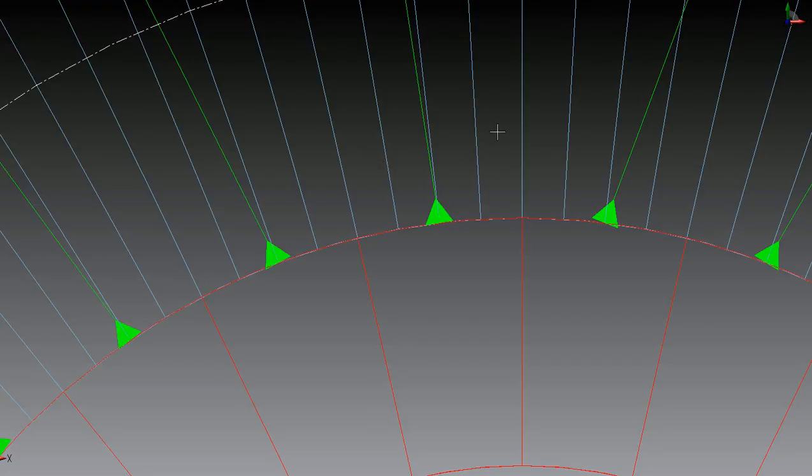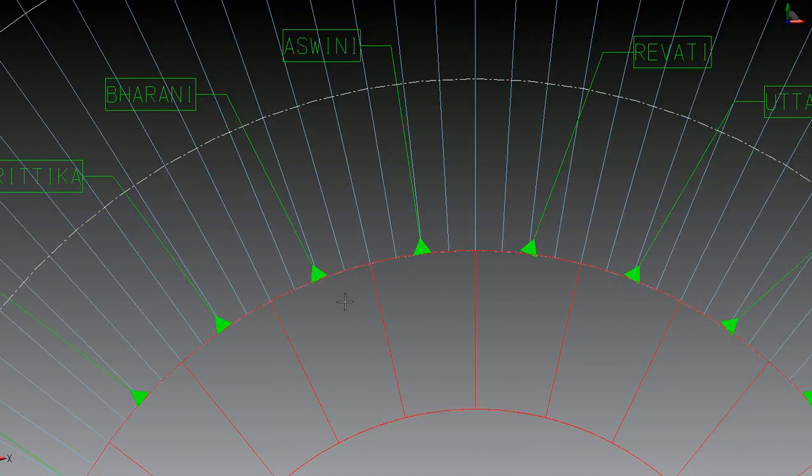This is padha 1, padha 2, padha 3, and padha 4. Again, this is another nakshatra, and the padhas are 1, 2, 3, and 4. Then again it starts from another nakshatra. This is the way every nakshatra is divided into 4 padhas.